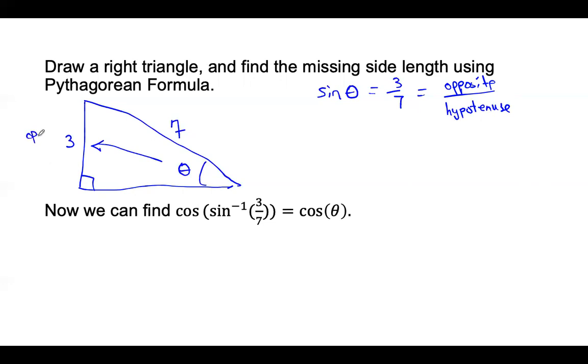Again, remember, this is our opposite. This is our adjacent, our x side, and our hypotenuse. And imagine these are nice straight lines. Okay.